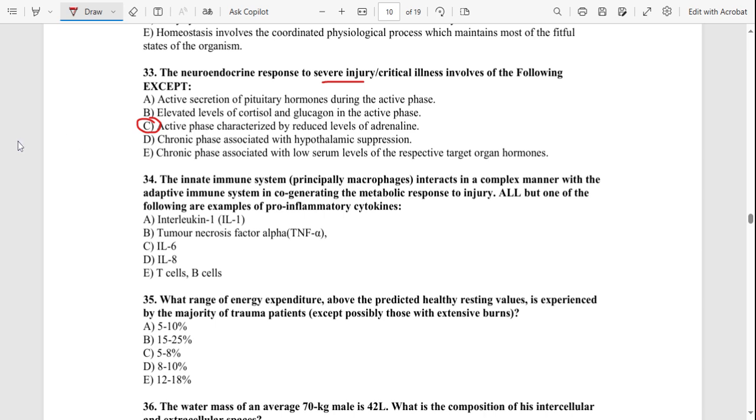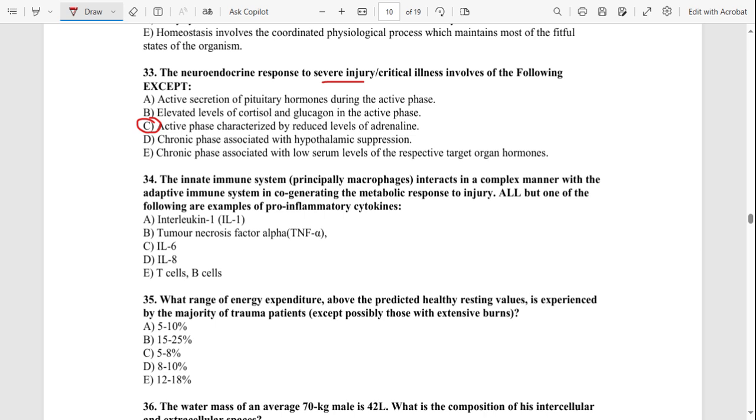That's also true. Number 34 is saying the innate immune system, principally macrophages, interacts in a complex manner with the adaptive immune system in co-generating the metabolic response to injury. Which one of the following are examples of pro-inflammatory cytokines?